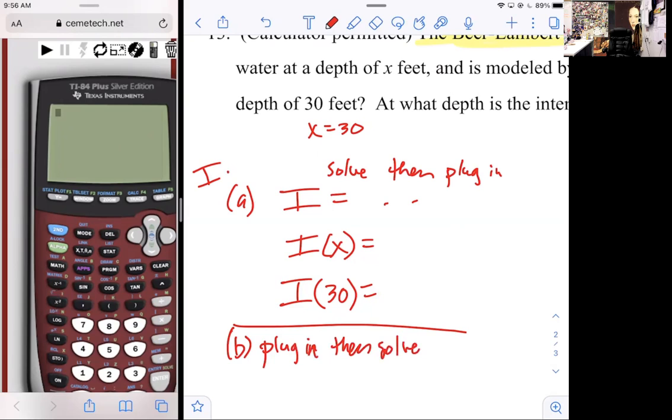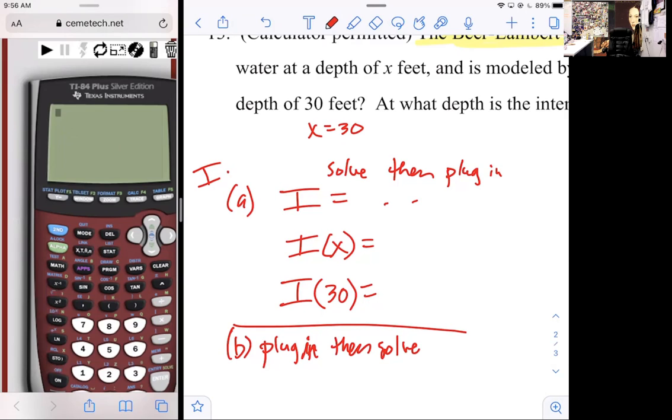Now, I asked you, first of all, is there any benefit in any situation to one of these versus the other? Yes, very much so. When would it be advantageous for us to solve for I in terms of X and then plug in an X? When would that be better?